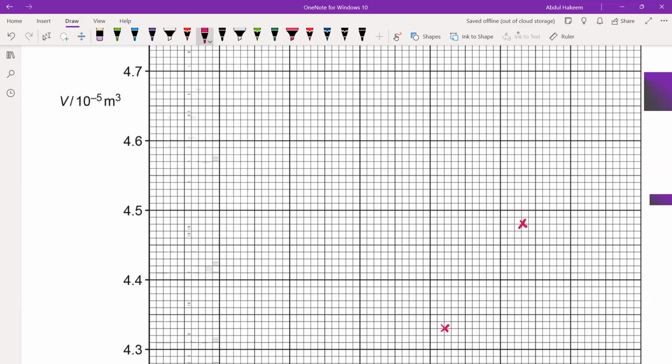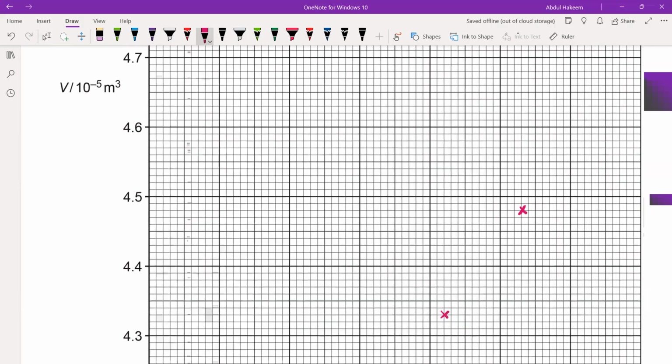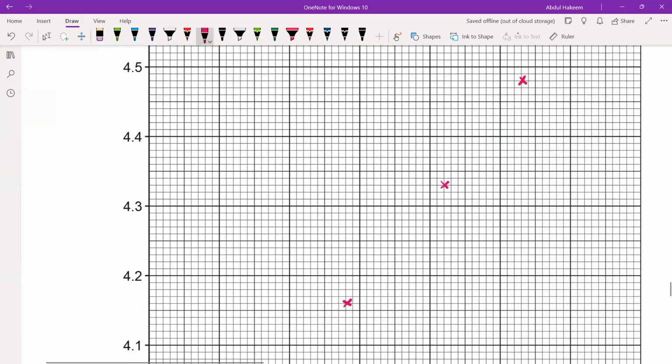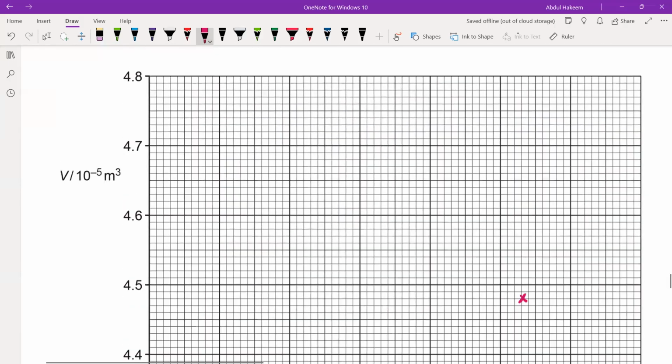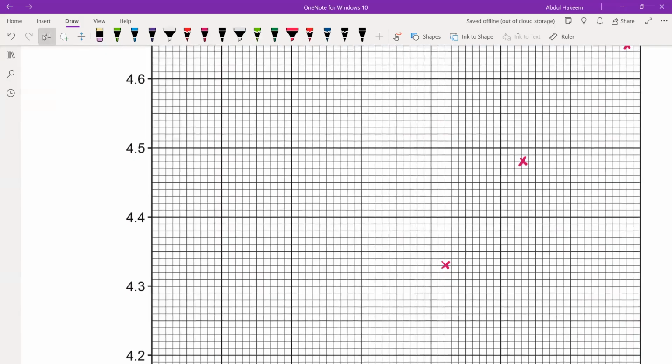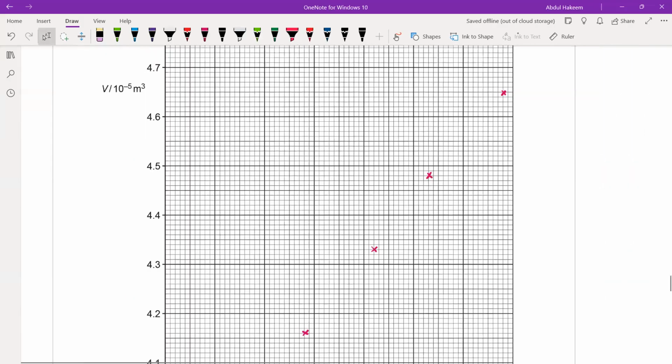This is the point. And the last point is 88 and 4.65. So this is the point. So the graph points are plotted.